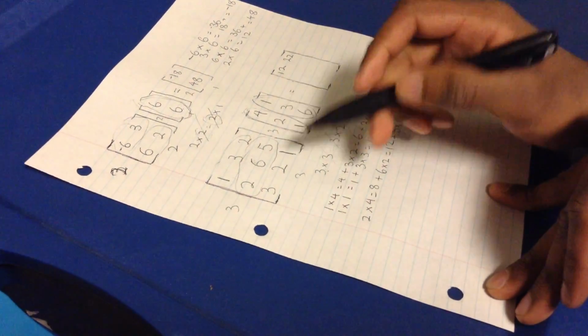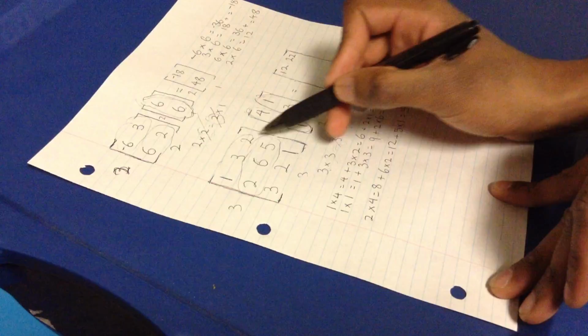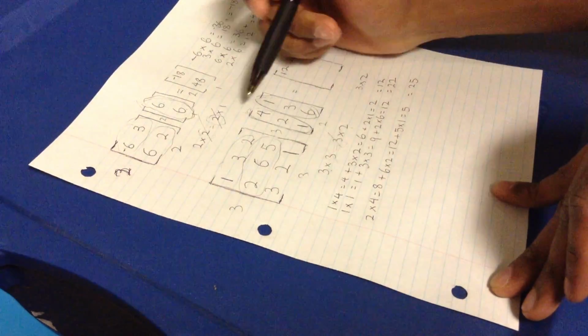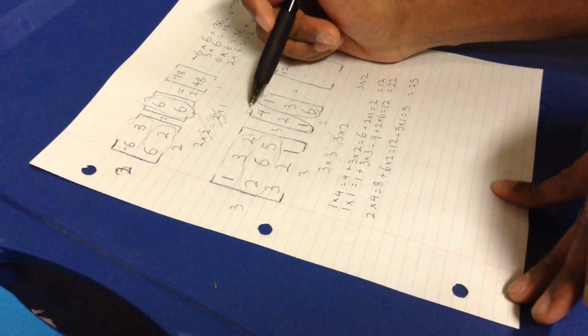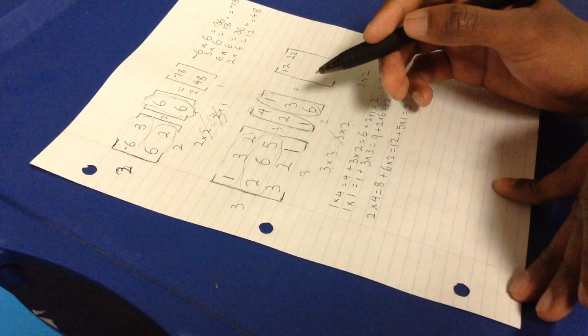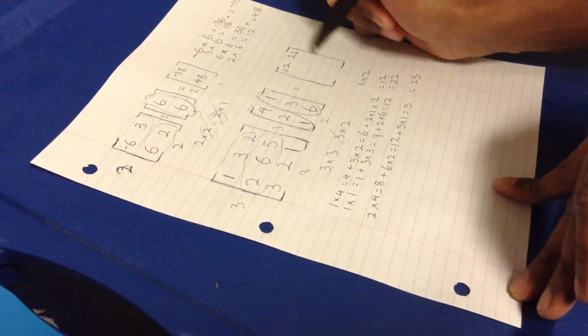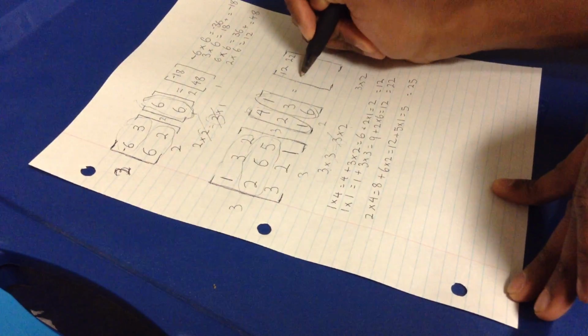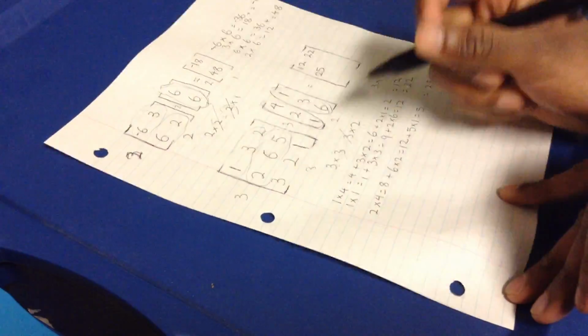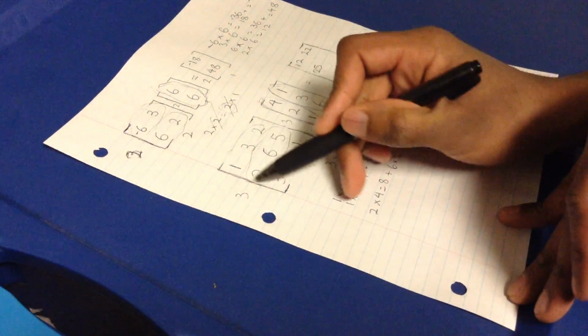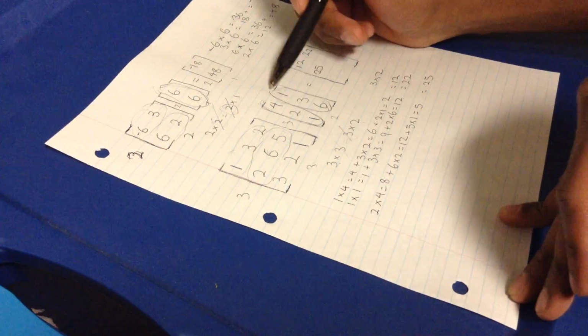Once again, you look at where it is. It's the second row and the column to the left, so this equals 25. Then you do the same with this row and this column.